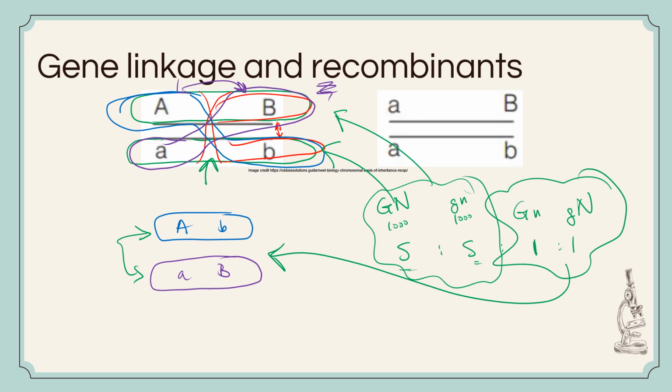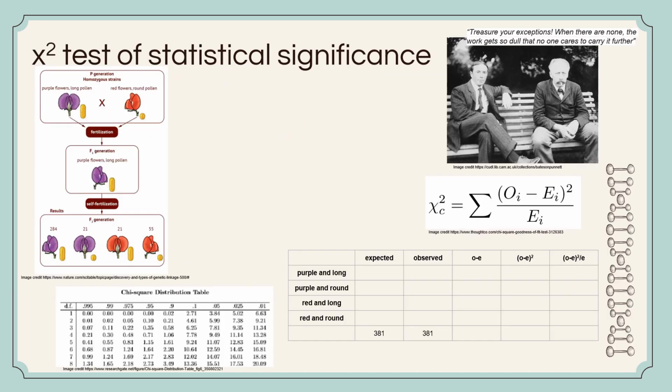Genetics is amazing. You know what else is amazing? Math. Math is pretty amazing. We're going to do some math here to help us know when the results that we get from our genetic crosses are different enough from what we expected to see from our Punnett square for us to say, oh yeah, linked genes here.